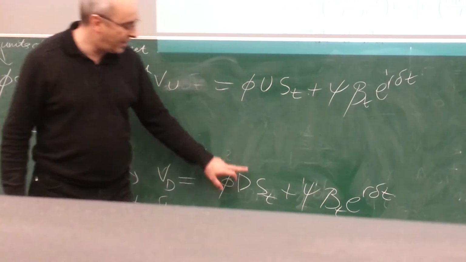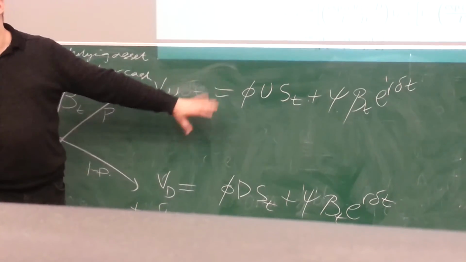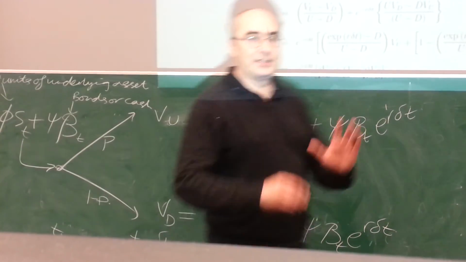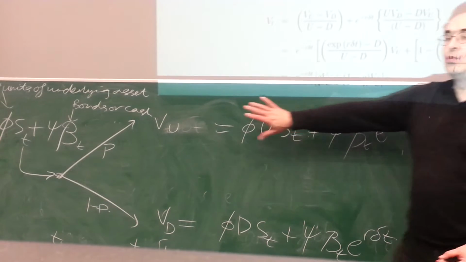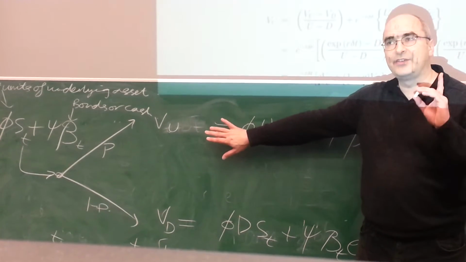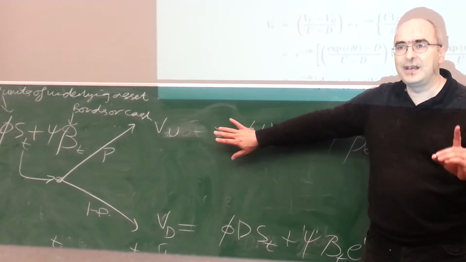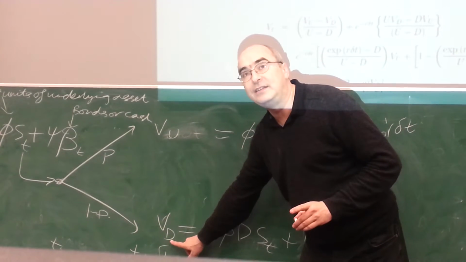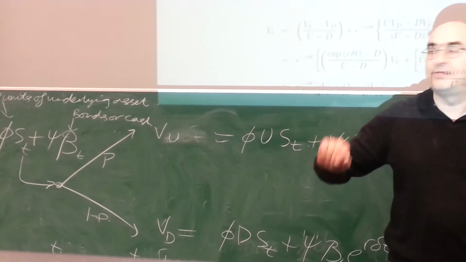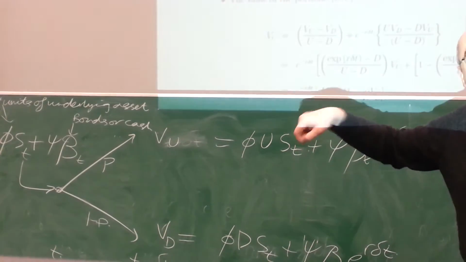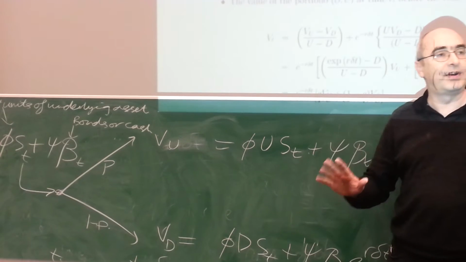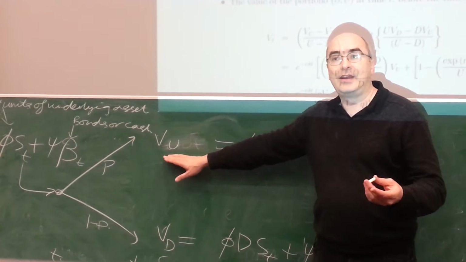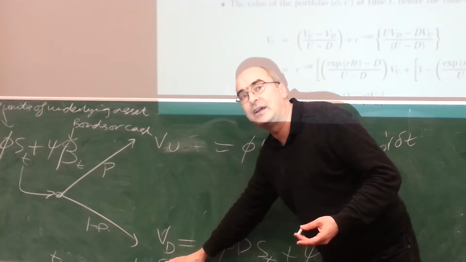If I know what phi and psi are, that will lock in the future values of those bonds. So if I now turn the situation the other way around, I can say, let's suppose that one time step in the future, I want to be able to specify the value of V_U and the value of V_D, so that whatever happens in the future, whether the share goes up or the share goes down, I will always have a portfolio that will cover the value that I might have to pay out here, or the value that I might have to pay out there.